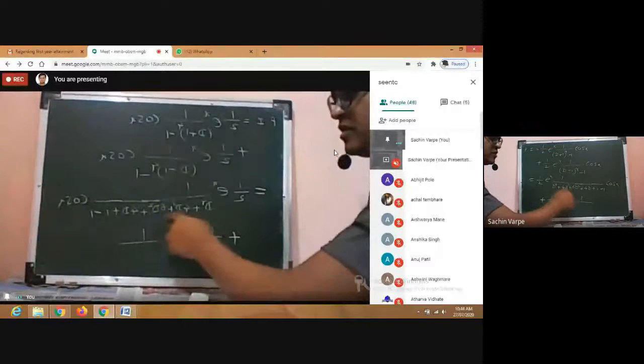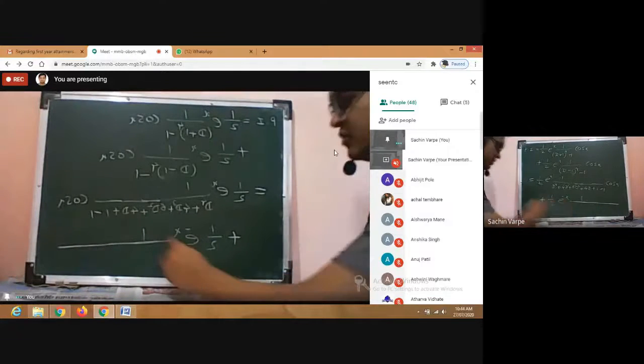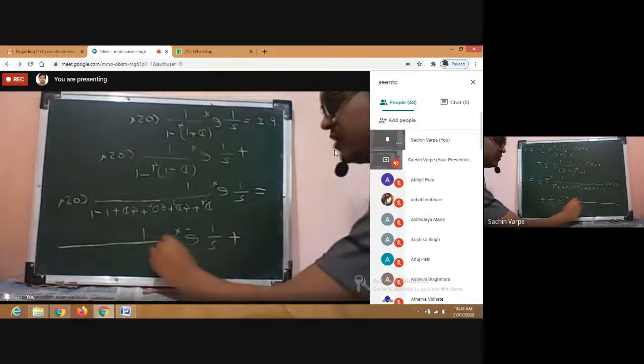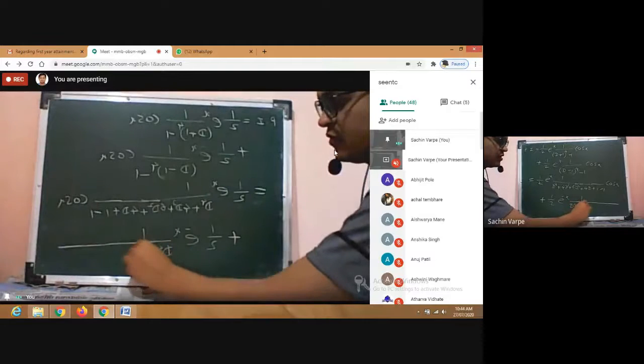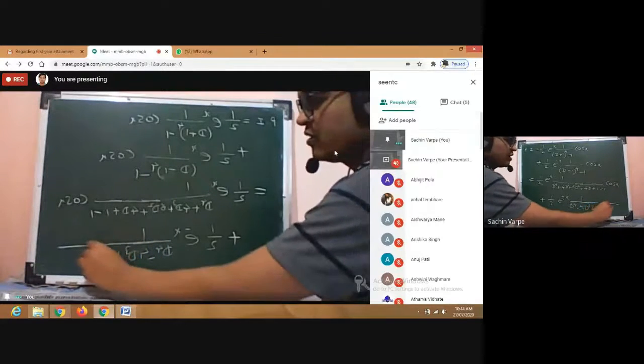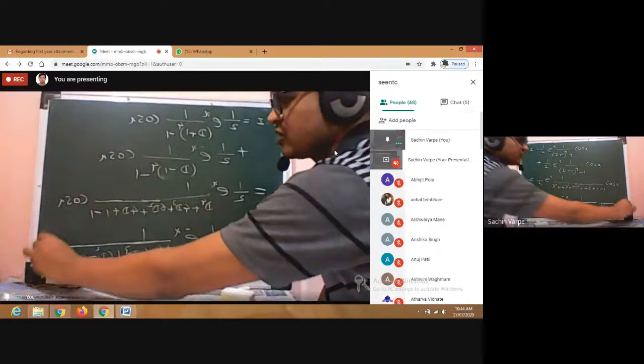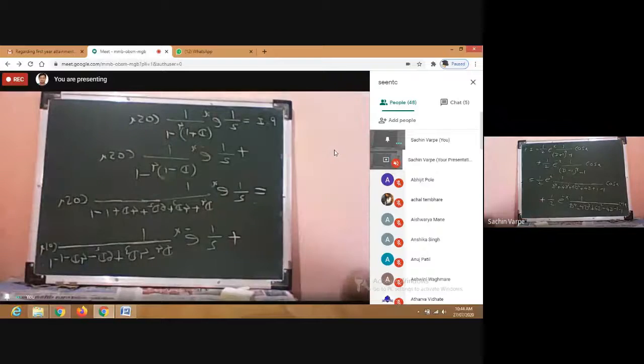This is the expansion with alternate plus minus sign. So D raised to 4 minus 4 D cube plus 6 D square minus 4 D plus 1, cos x. Please check. Please ask if any doubt.